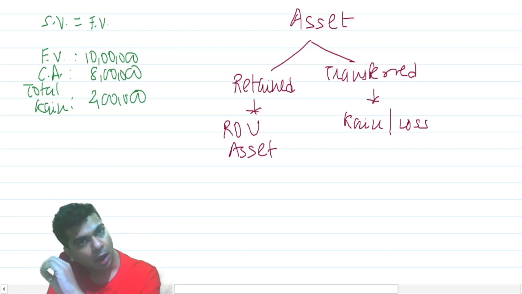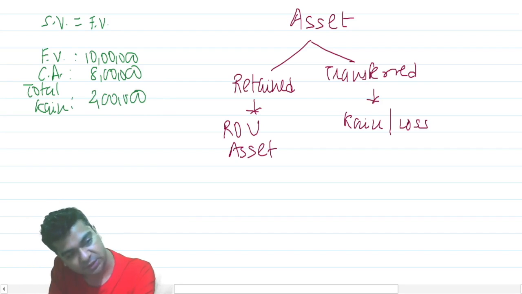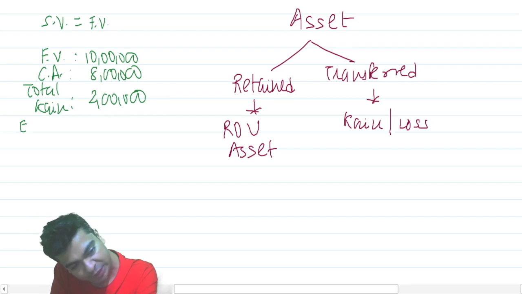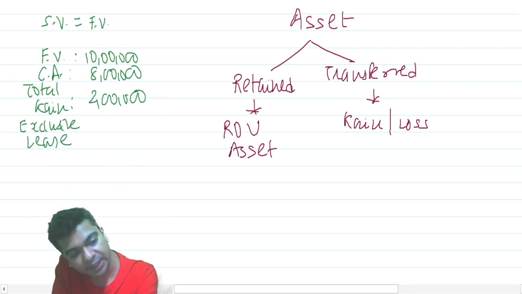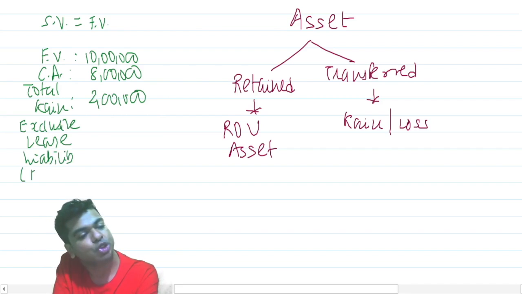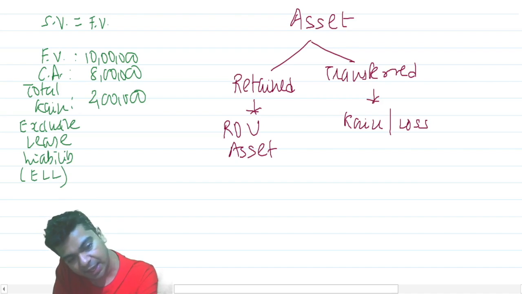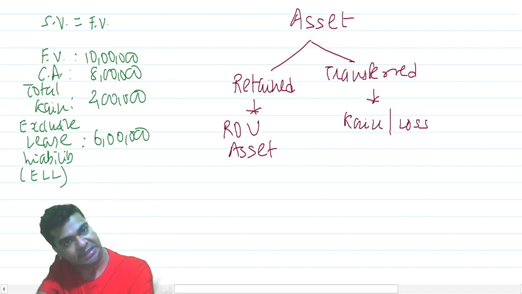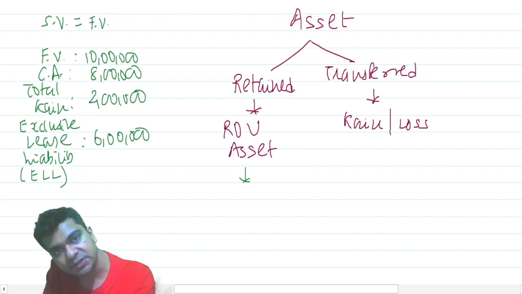Now, how shall I recognize the ROU asset? For that, as I said, you should calculate exclusive lease liability. Let me frame a short form over here, ELL. Let us say the ELL is turning out to be 6 lakhs. So just see, how will I recognize the ROU asset?